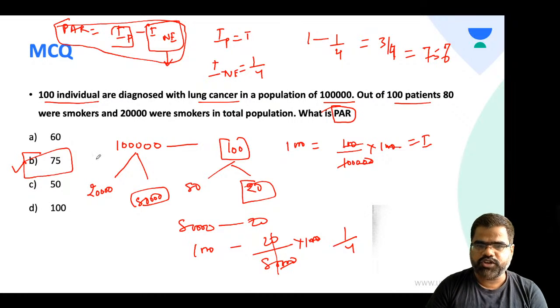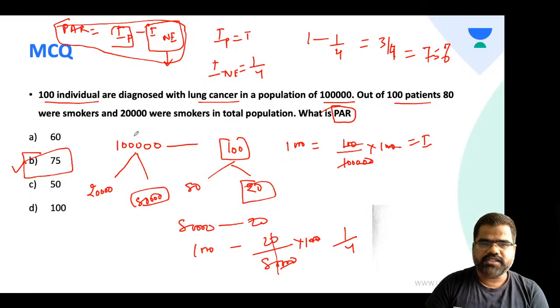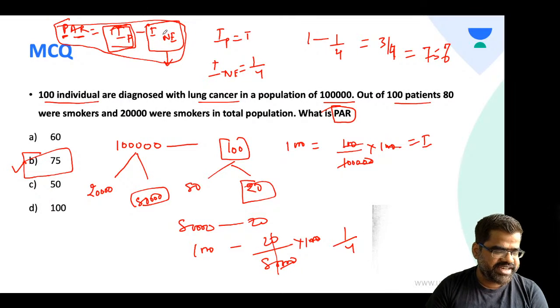We don't have to remember any formula. Population attributable risk: you want to attribute the risk in the entire population. So you have to know the incidence in the total population, and from that you remove the incidence of non-exposed. You get your population attributable risk. This is the way it is calculated here, students.